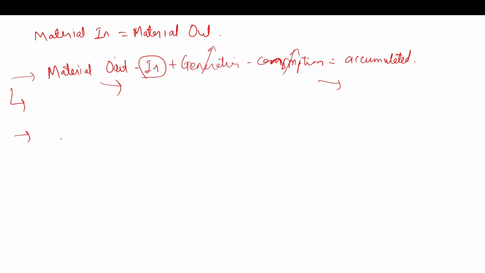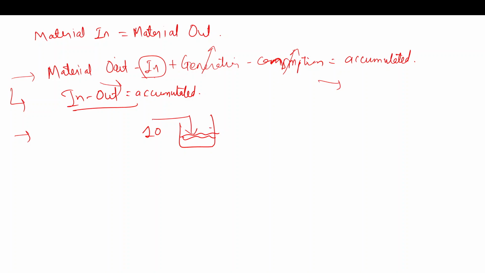So for our case, it should be in minus out is what is getting accumulated, sorry. Just to give an example, if you are giving in 10 of any unit, and there is already something, and you are taking out only 8, then 2 will get accumulated here.